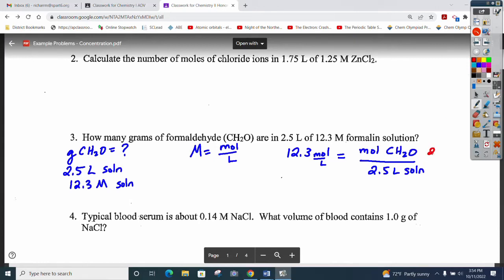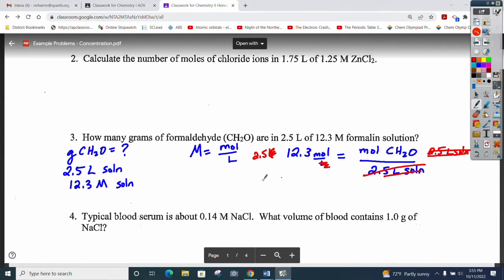So to solve for moles, I'm going to multiply both sides by the 2.5 liters. Okay. Crosses off completely on this side. The liter cancels out on top and bottom. Plug and chug for me in your calculator and round to the correct number of sig figs.